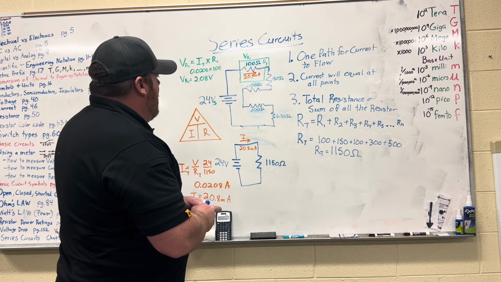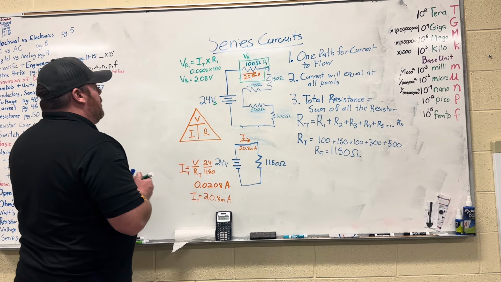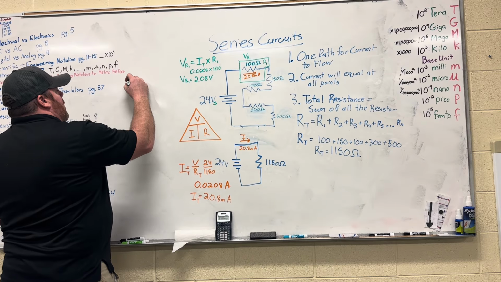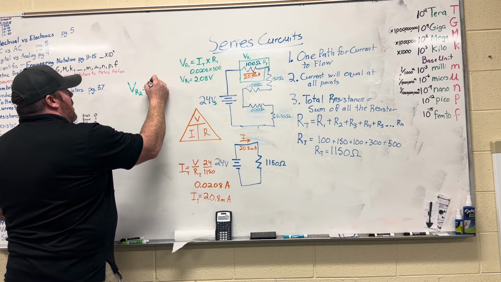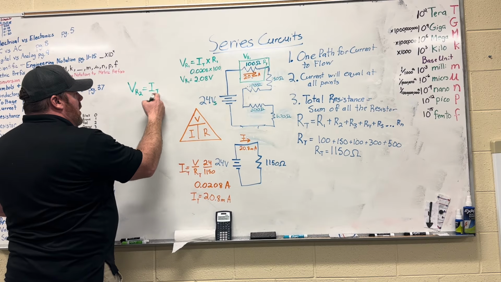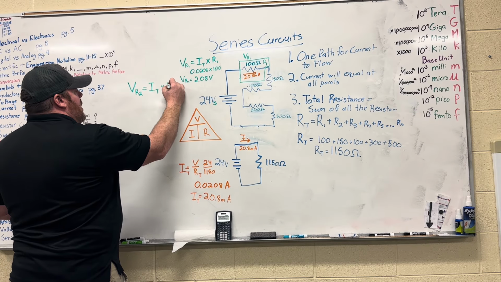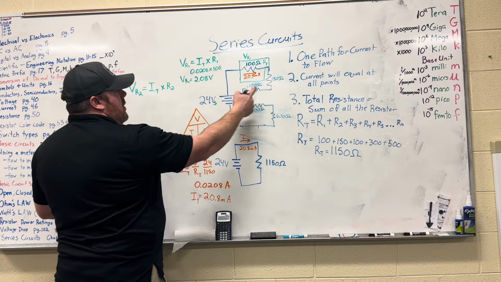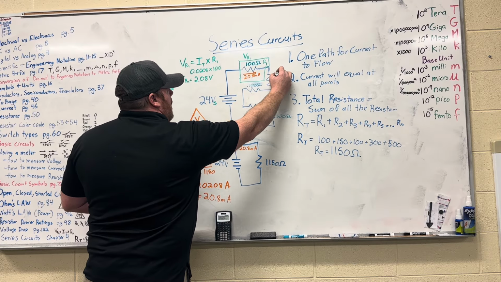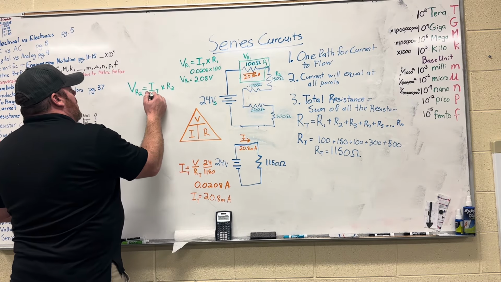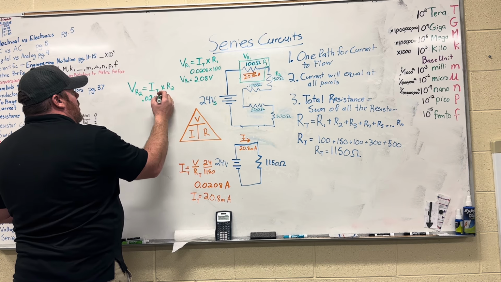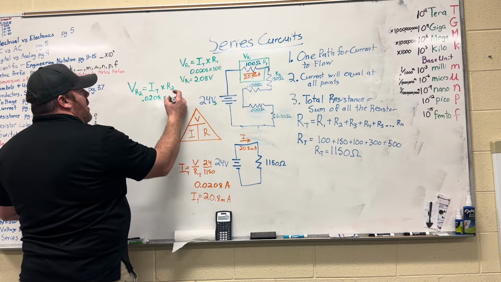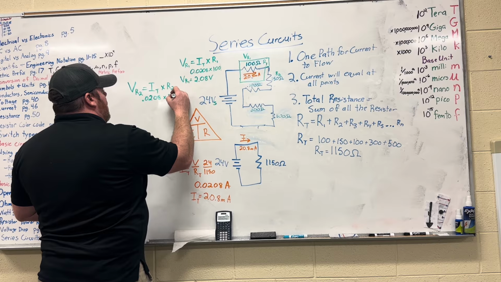We could do the same thing for resistor 2. So let's say that we do the voltage drop across R2. That is again going to be equal to the total current times the resistor value of the second resistor. In this case, this is 150. So if we plug it in, we get IT still 20.8 milliamps, now multiplied by 150.